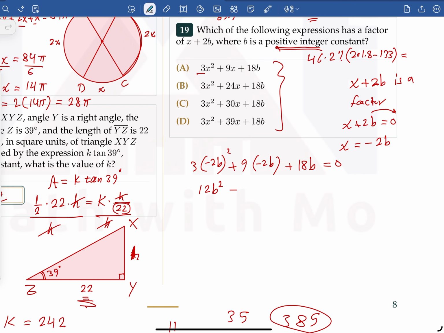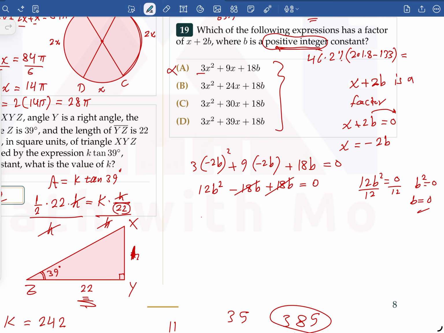Negative 9 times 2 is negative 18b, and then plus 18b. This will be equal to 0. These are cancelled, and now we have 12b squared is equal to 0. If you want to get the value of b, just divide by 12 to get b squared is equal to 0, which means b is equal to 0. This is not our answer because it must be a positive integer. And now it's not positive, it's 0. So this option is incorrect.